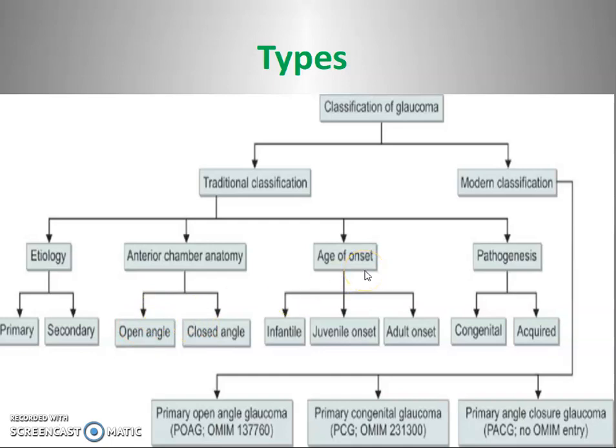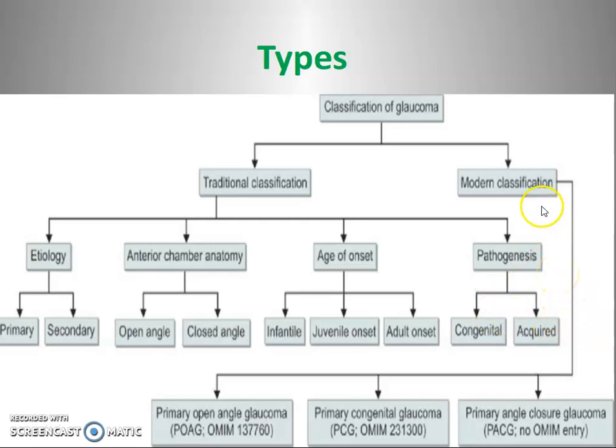As per the age of onset, they are again of different types like infantile, juvenile, and adult onset glaucoma. As per the causative mechanism, they are of two types, that is congenital and acquired.